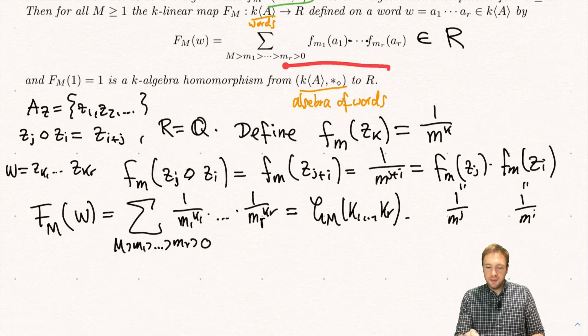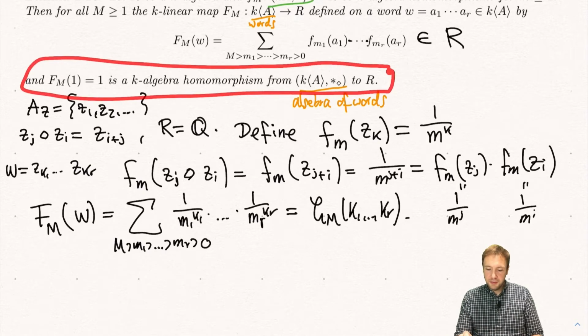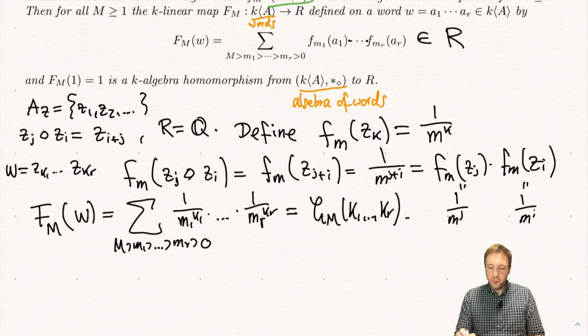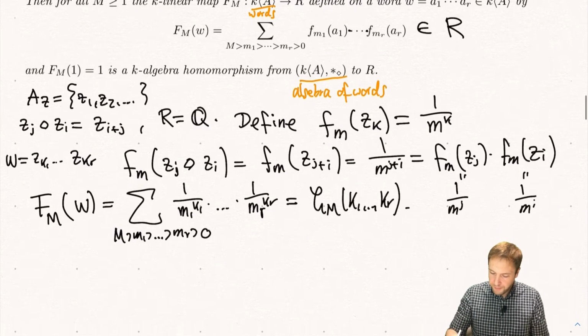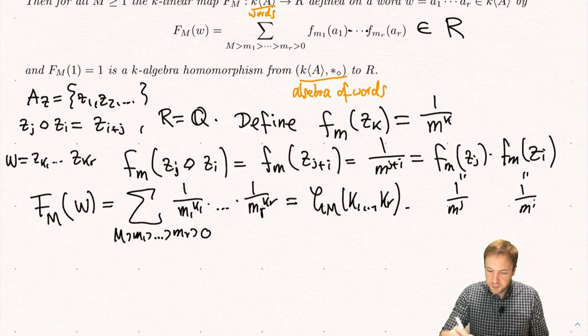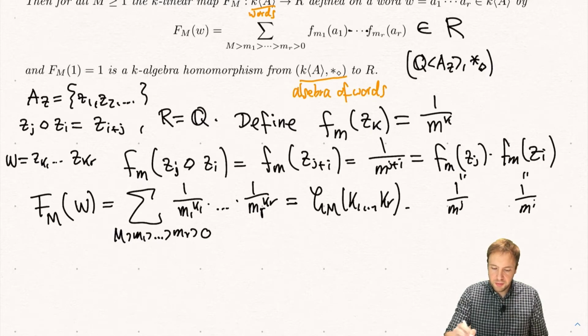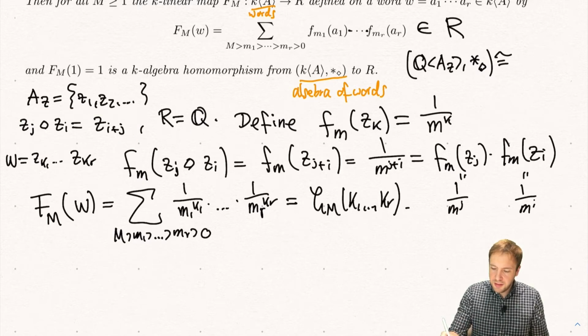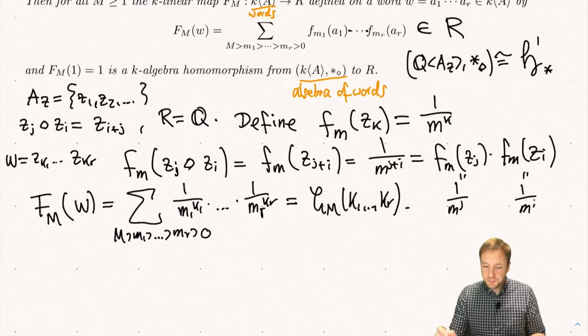Then the statement of this lemma in this example is that we get an algebra homomorphism from this quasi-shuffle algebra. In this case, this quasi-shuffle algebra is Q⟨A⟩ with the Schaffer product coming from this diamond, but this is actually just the same as what we denoted before as H^1 Schaffer.